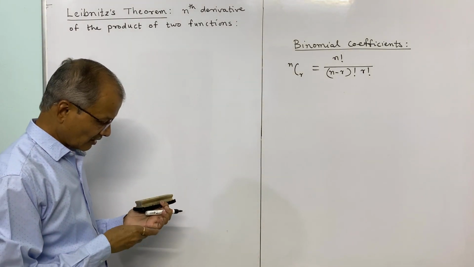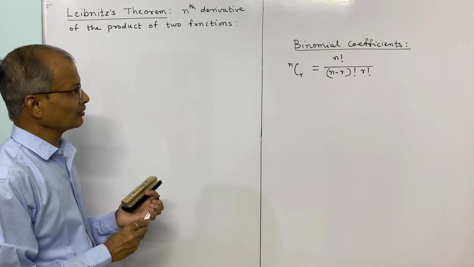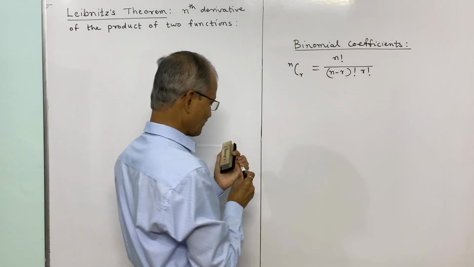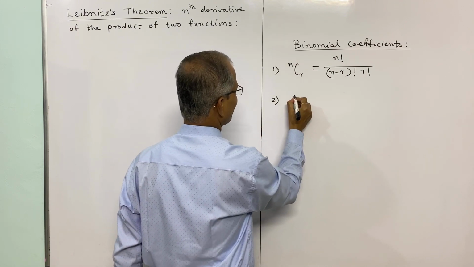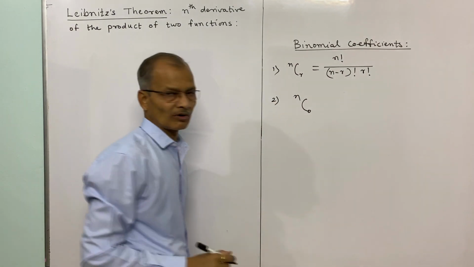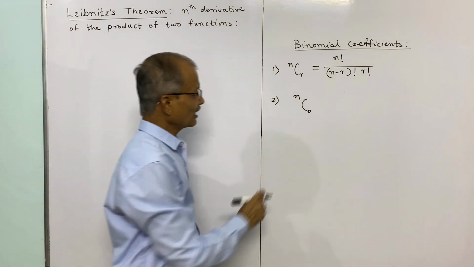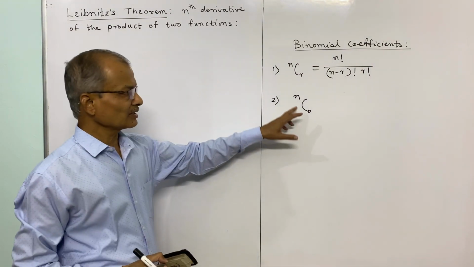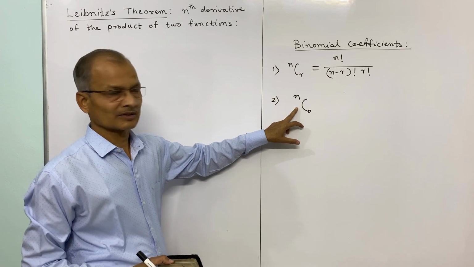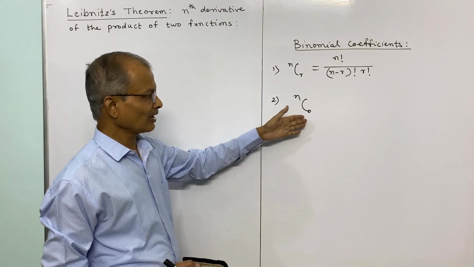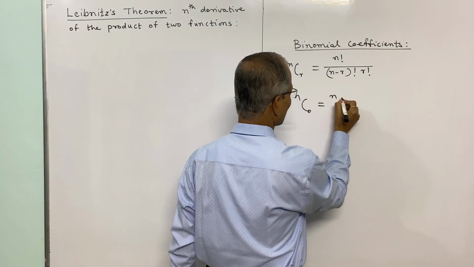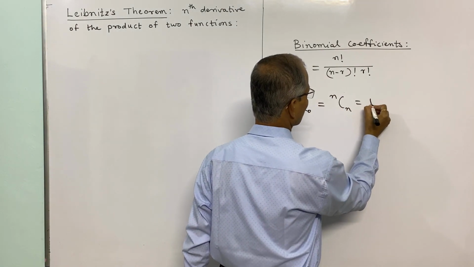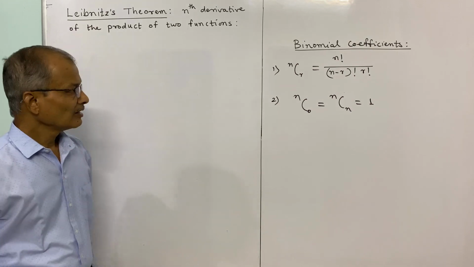So this is the formula for the binomial coefficient, and from this formula we can see what n choose 0, or nC0, will be. That means how many ways 0 objects can be selected from n objects, and by this direct formula it is equal to 1, and n choose n is also equal to 1.